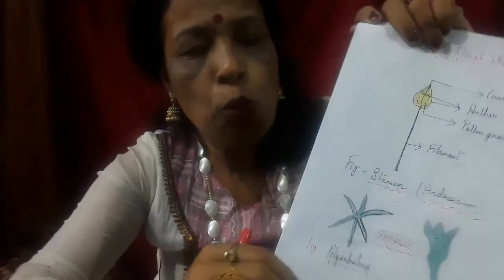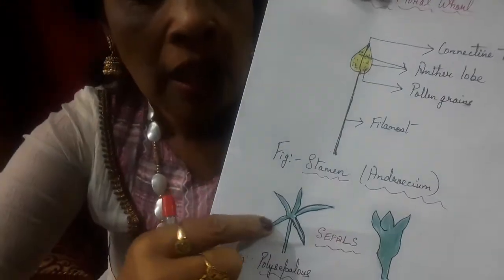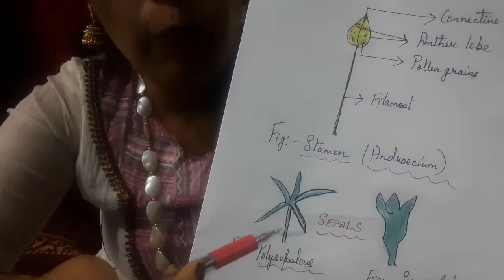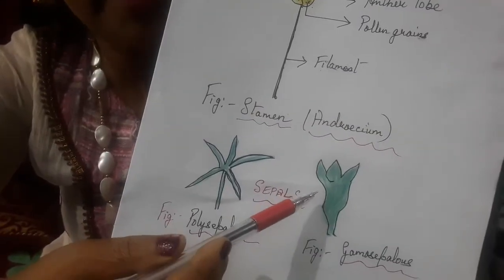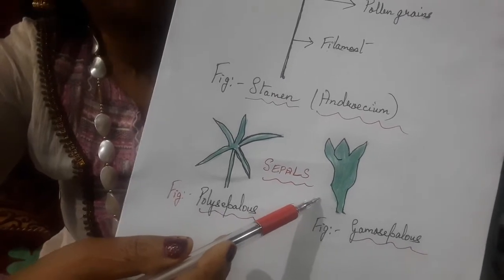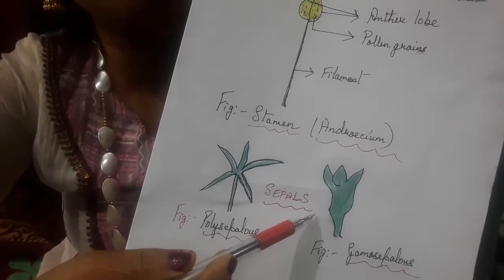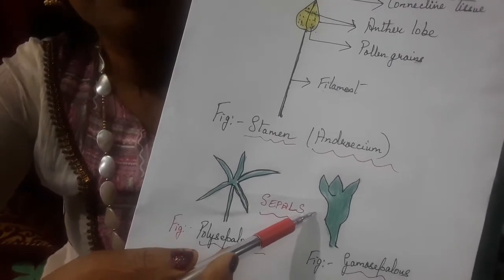Now, this calyx or the sepals may be free or united. I'll show you the diagram given here. When the sepals are not touching each other, they are free, and they are called polysepalous. When they are united, they are called gamosepalous. You observe this in the petunia flower, got it?